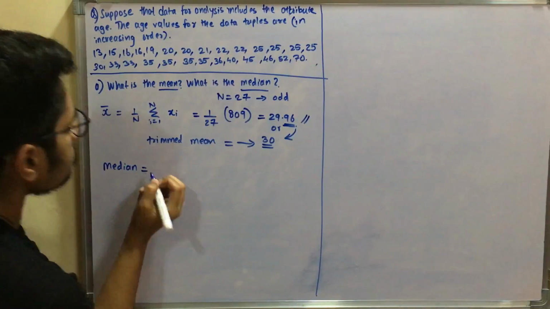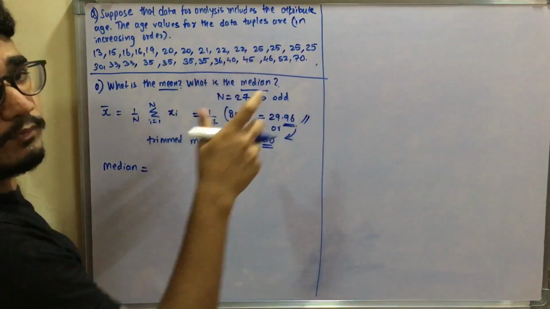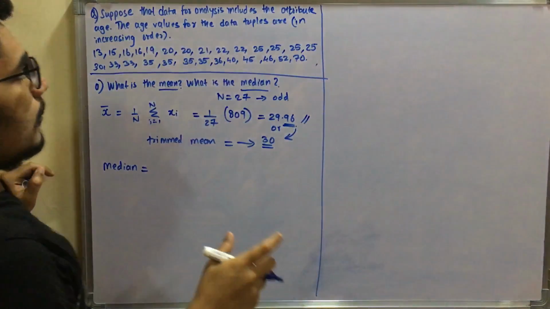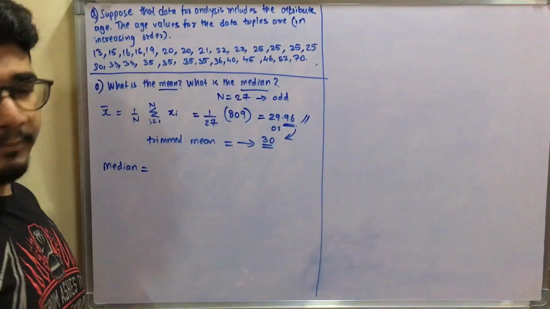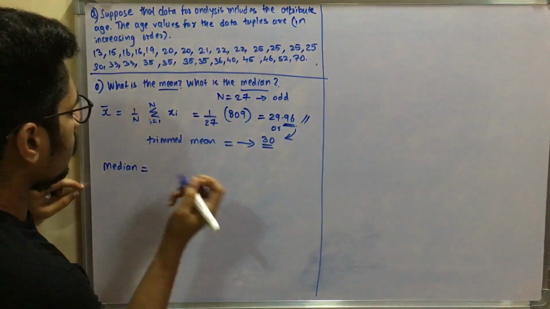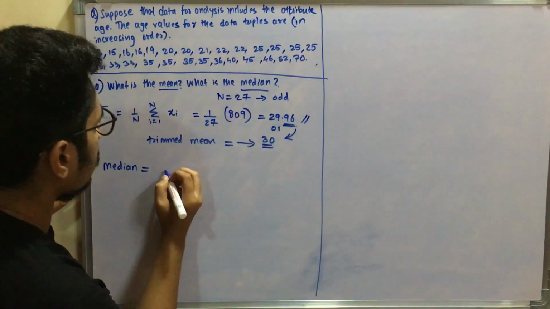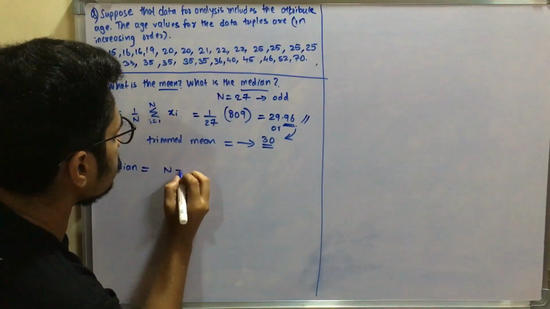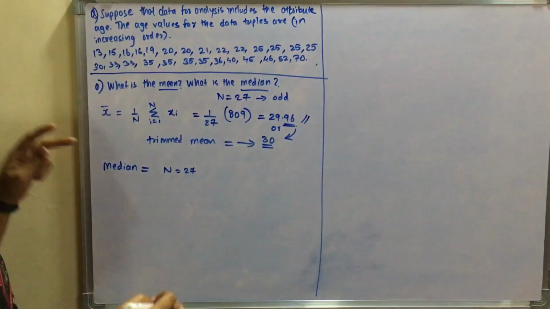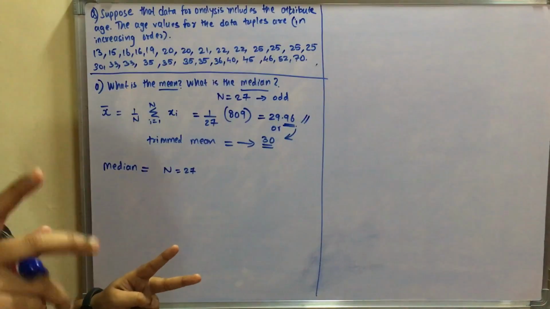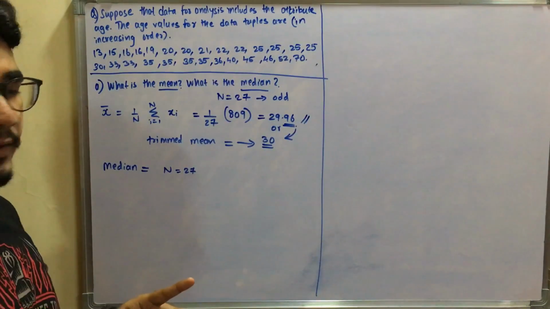For the median, you have 27 different values. You have two techniques for calculating the median. Here n is equal to 27, and n is odd. If n was even, then you would have averaged the middle two values, dividing by 2.